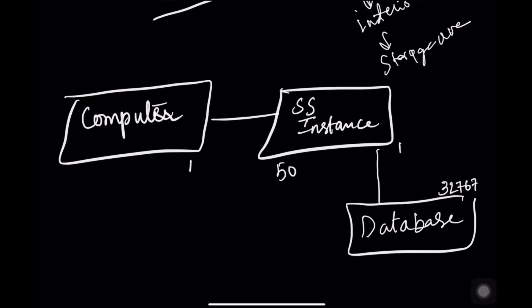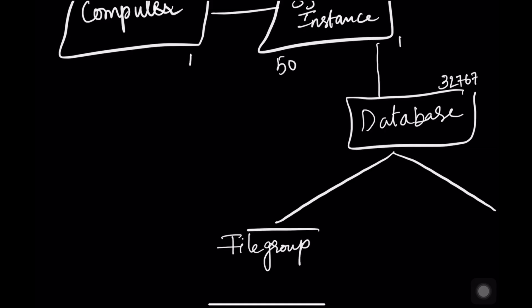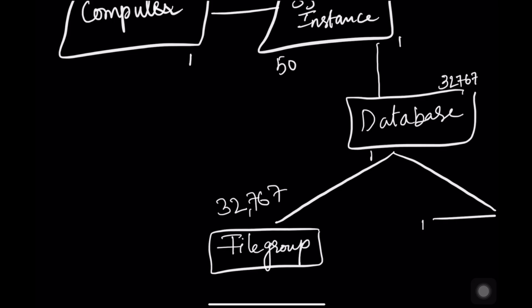In one database, you can have file groups, up to 32,767 file groups, and for each database you have one or more transaction log files.